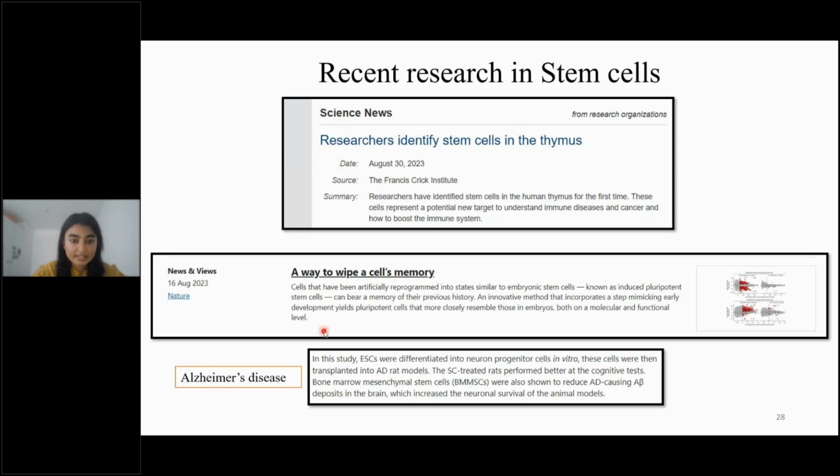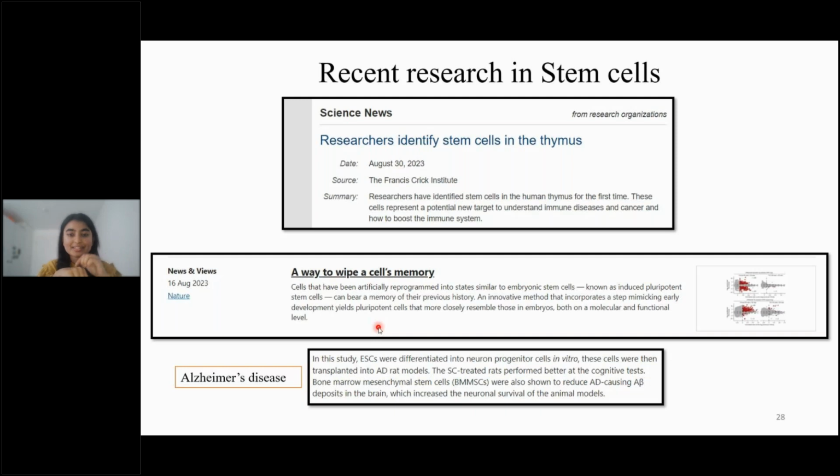Second, cells have been artificially reprogrammed into states similar to embryonic stem cells, and these are known as induced pluripotent stem cells, and they can bear a memory of their previous history. For example, let's say there is a skin cell, which is already differentiated.